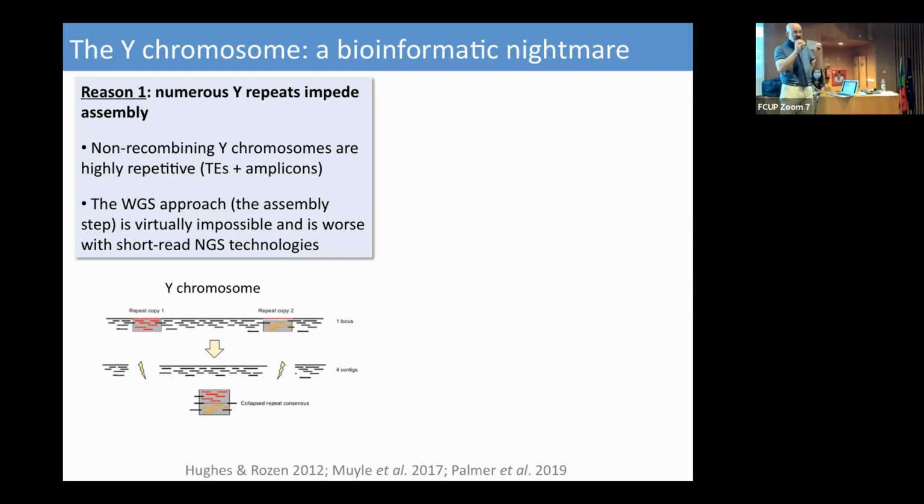So you get a fragmented assembly: instead of having one sequence for a chromosome, you get several sequences. The Y chromosome is full of repeats, so with this approach, it's virtually impossible to assemble a Y chromosome.